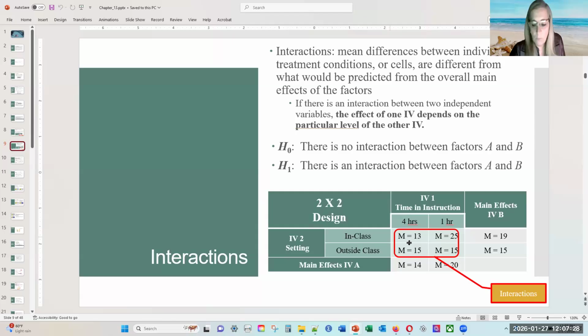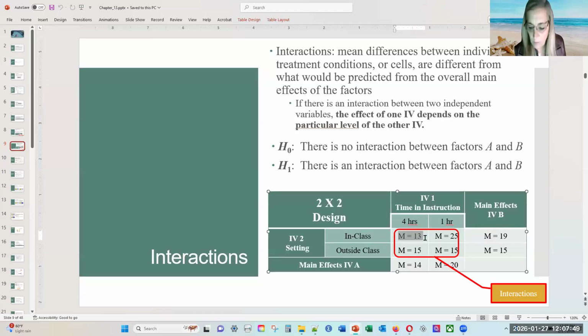So here is when we are taking both factors or both independent variables into consideration, to see how they are working together, or if they are working together to affect the dependent variable. So that's when we're looking at the means here, right?